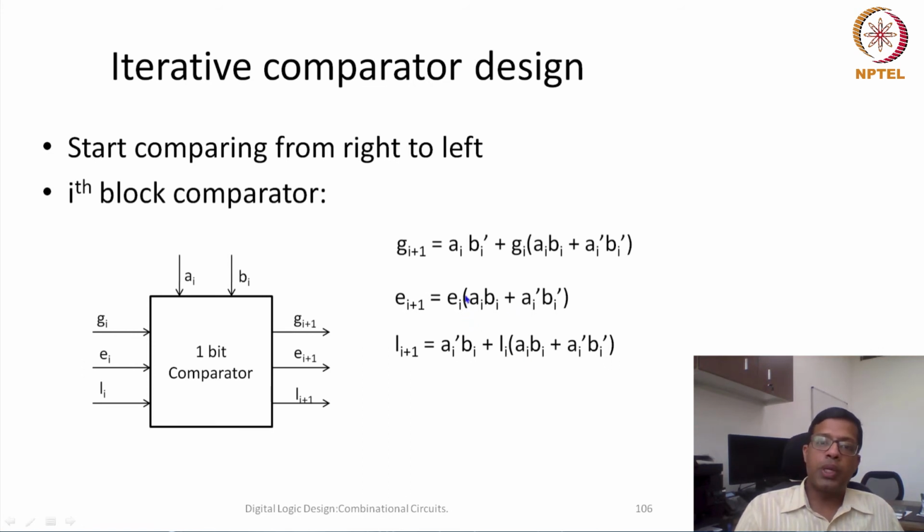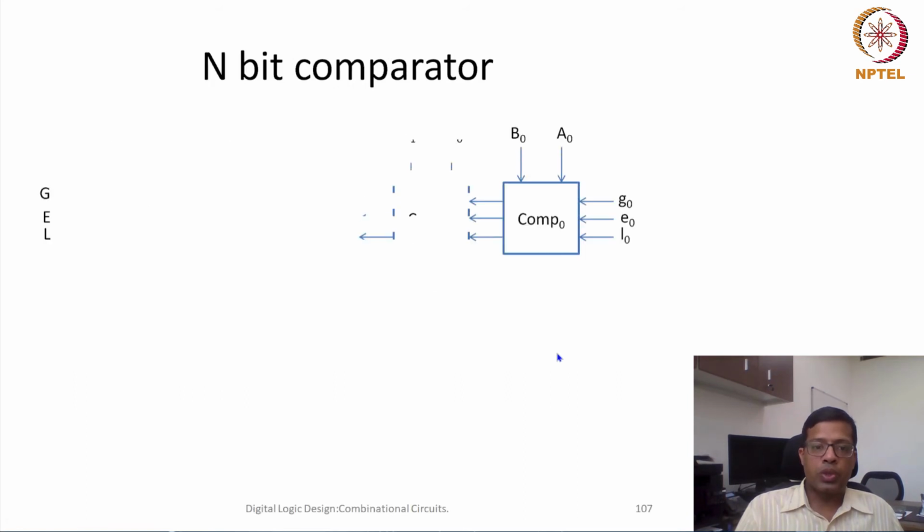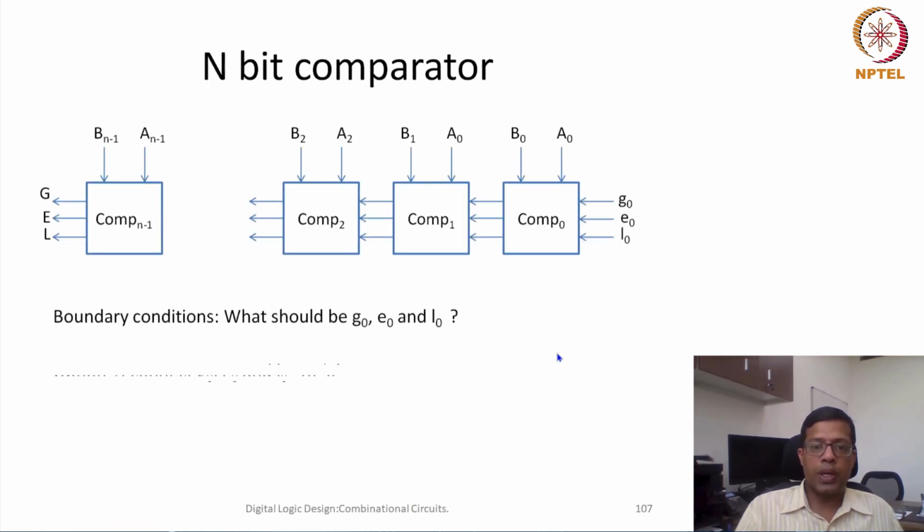Okay, so basically E we are assuming as 1, correct, and L we are simply keeping 0, so that means this whole part gets eliminated. So my condition was wrong here. Actually G and L both were 0, but E0 was actually 1.